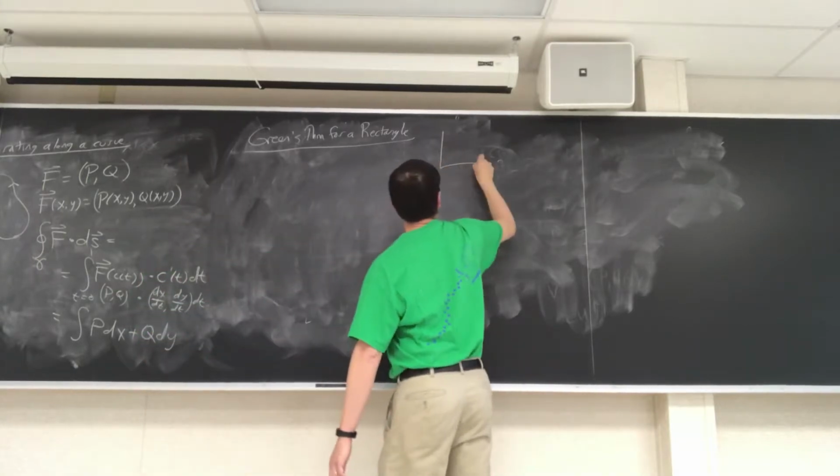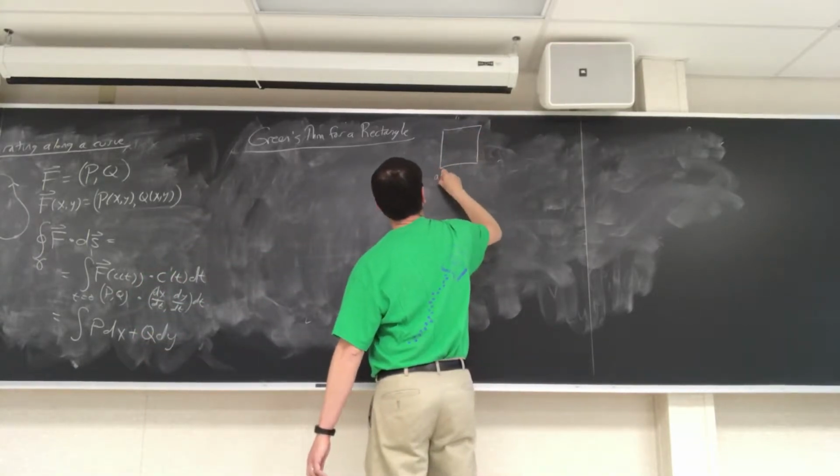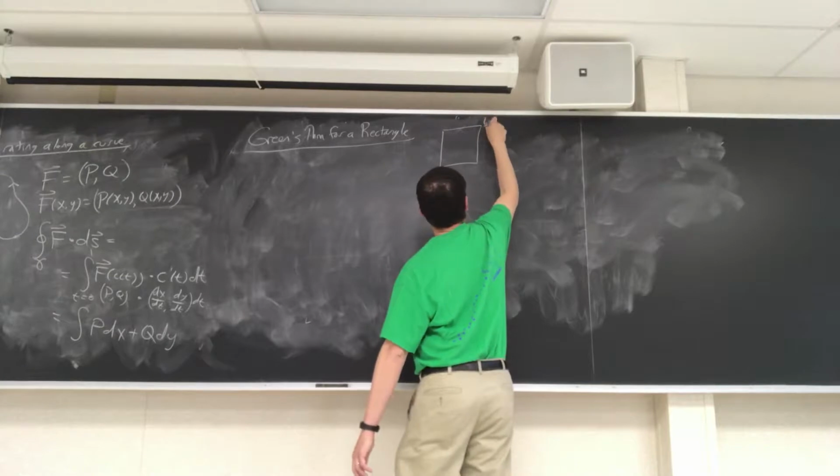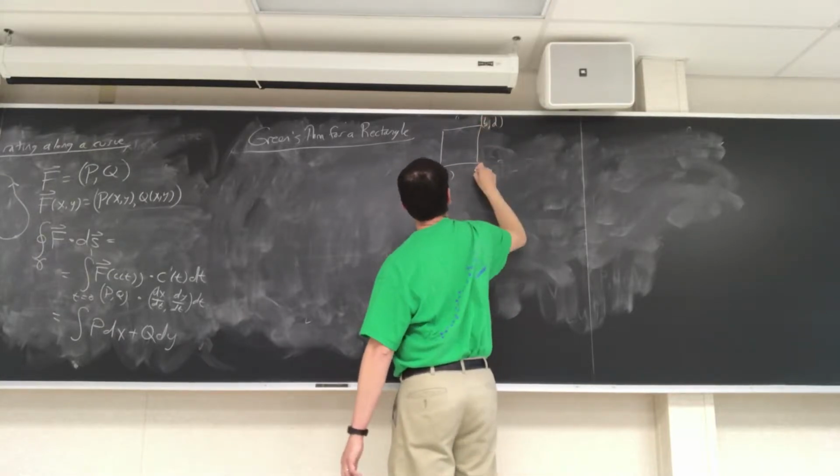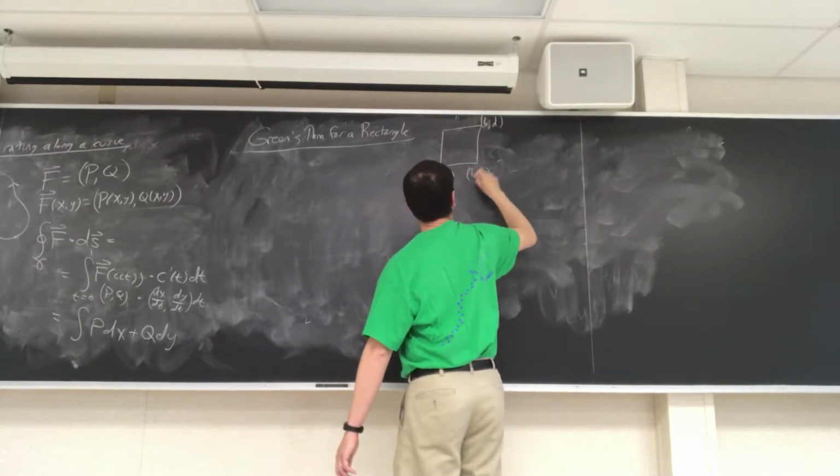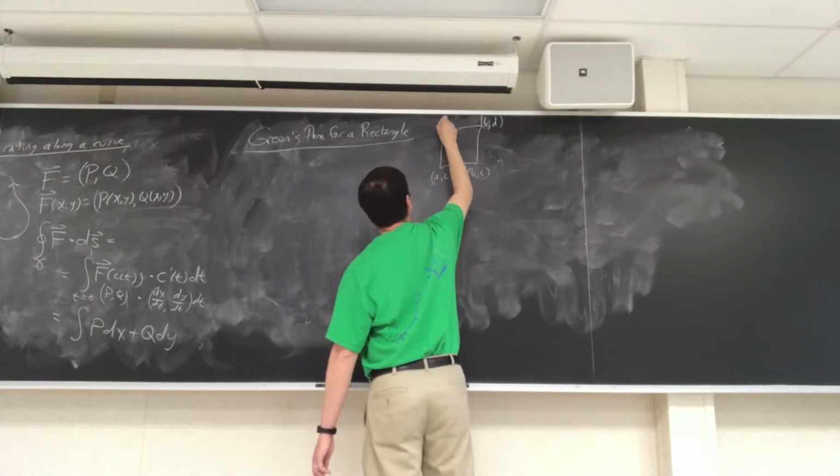I'll draw my rectangle like this. Here's the point AC, here's the point BD, so this would be the point BC, and this would be the point AD.